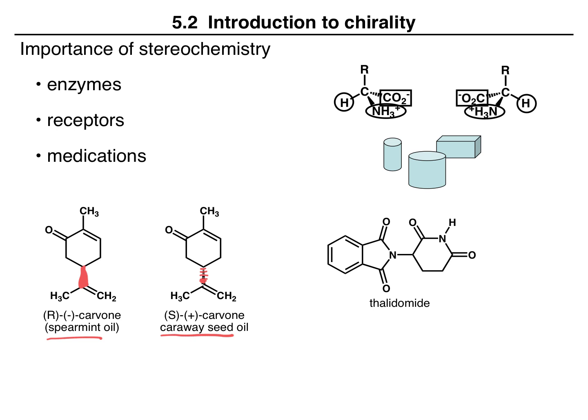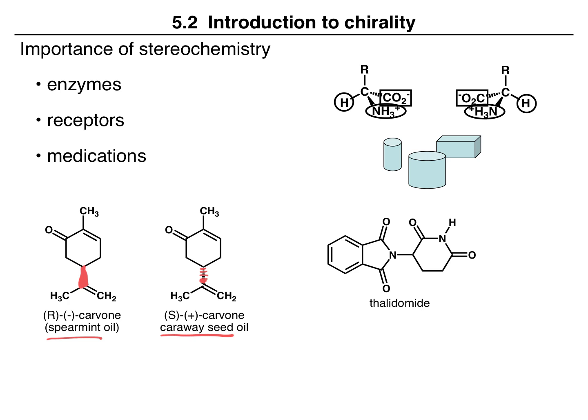This need to be able to make only one hand of a medication led to significant changes in synthetic organic chemistry and the entire pharmaceutical industry. So here we have just a few examples of biomolecules or really large biomolecules where handedness is very important.